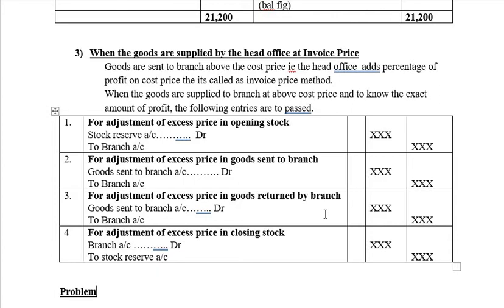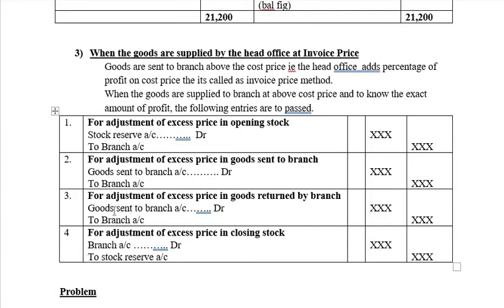The first one is for adjustment of excess price in opening stock. So what is the journal entry there? Stock reserve account debit to branch account. Second one, for adjustment of excess price in goods sent to branch. Goods sent to branch account debit to branch account.